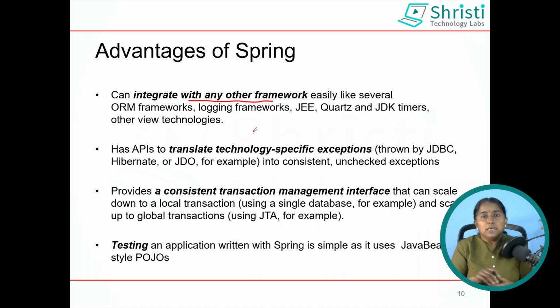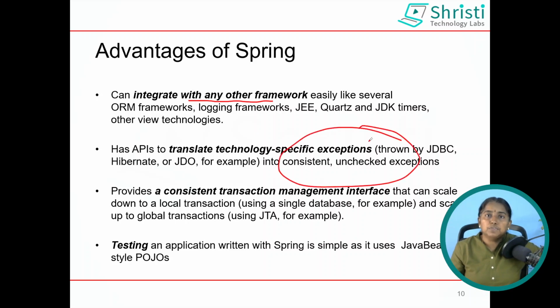Spring helps to translate the technology specific exceptions into consistent unchecked exceptions. What exactly is the meaning of it? This is very important. Whenever you are working with Java applications, if you are working with a database, the database throws SQL exception. So it is mandatory that you need to use try catch. And if you are creating your own project specific exception, it is your choice.